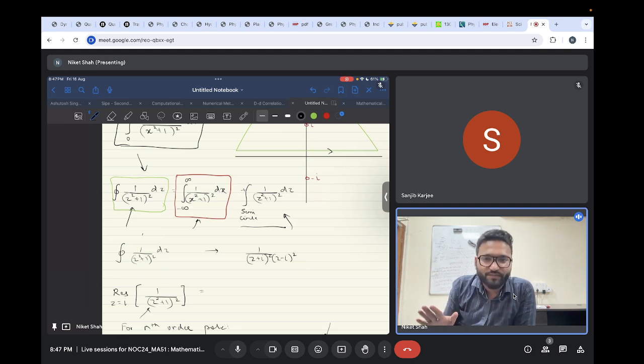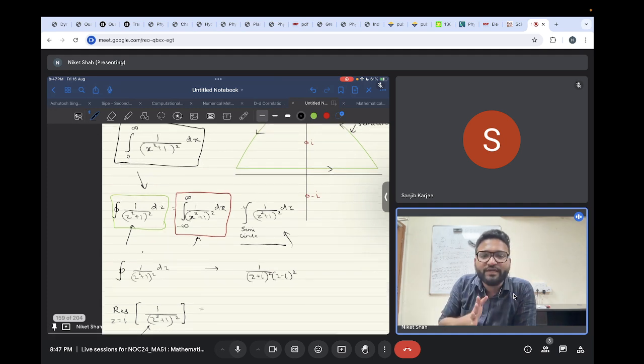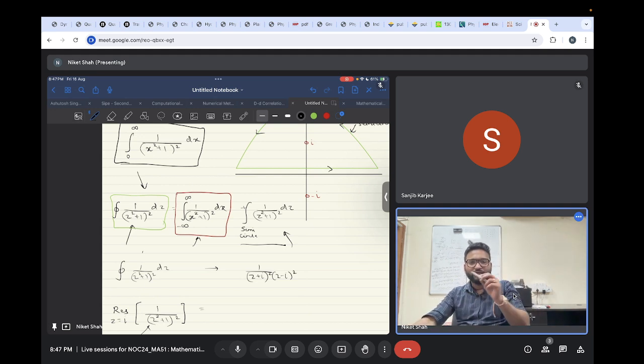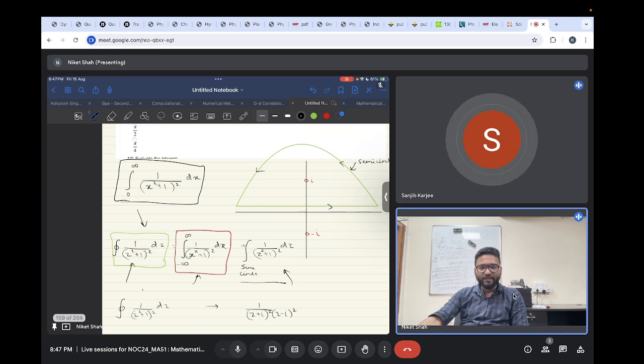What I'm claiming is that this left hand side integral, the green integral, is the sum of the red integral and the semicircle integral. If I sum both these, I get the left hand side because that's what the contour is, right? This contour integral is giving me the value that I evaluated, pi by 2. And this contour is made up of two parts. The first part is minus infinity to infinity, and the other part is a semicircle.